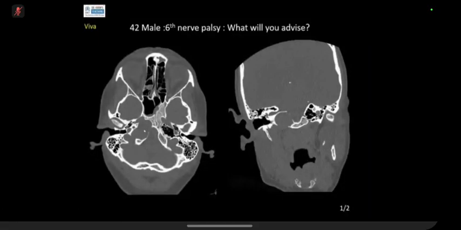So we've got a 42-year-old male with a history of 6th cranial nerve palsy. I'm just going to take a moment to interrogate the selective axial and coronal images on CT.